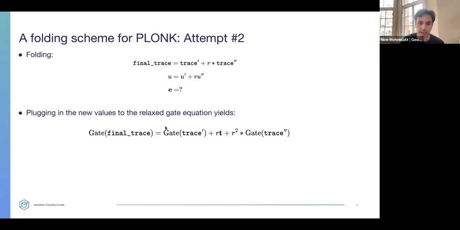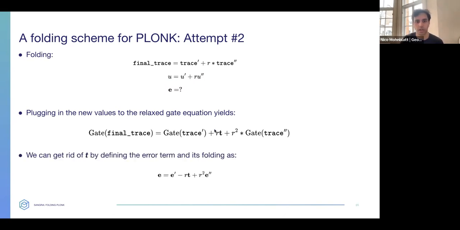And it will be the gate of the first trace plus some cross terms plus your highest degree power of r times the gate of your second trace. And this is where the error vector comes in. The error allows us to remove this cross term or make it disappear. And I'm also happy to go into more detail about this in a second.